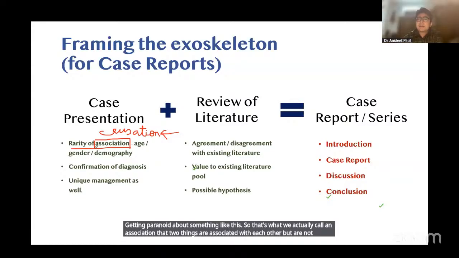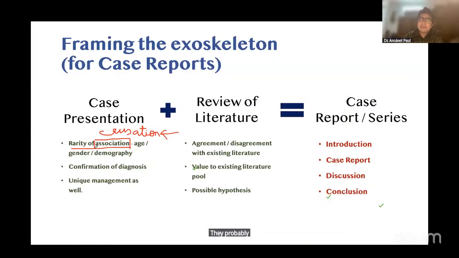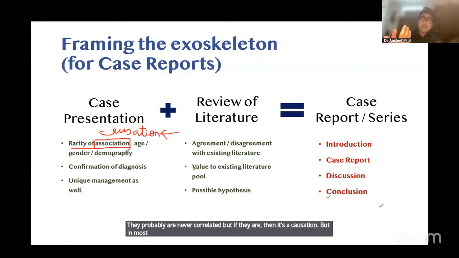For example, stomach pain and ear pain, they probably are never correlated, but if they are, then it's a causation, but in most cases it is an association. So you must find out whether this association between two diseases is rare in terms of the age of presentation, in terms of gender, or in terms of demography.